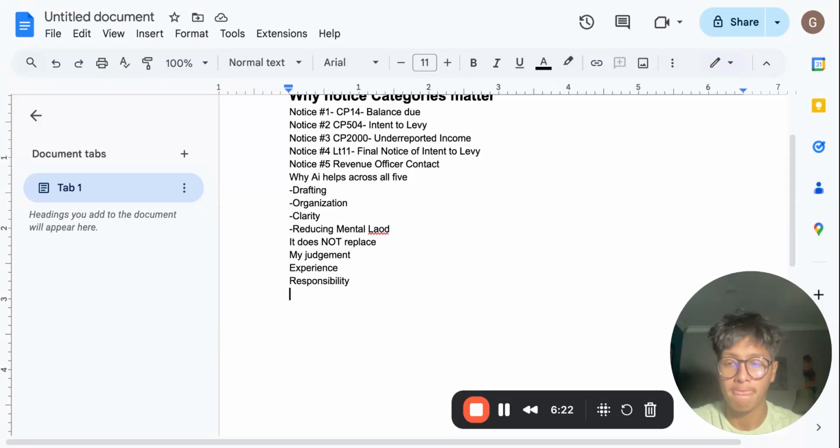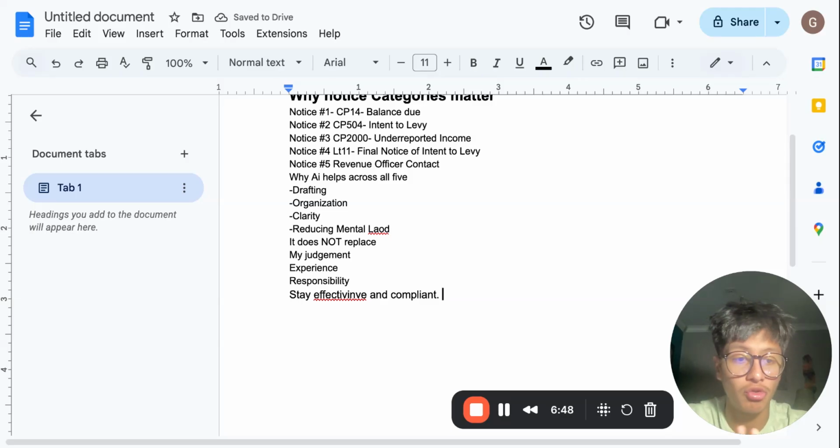It does not replace judgment, experience, or responsibility. And if you keep all of these things in mind, then this is how you stay effective.